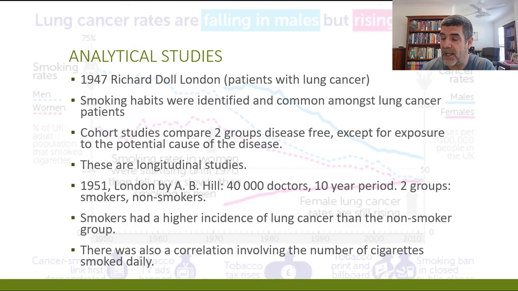Probably this all started realistically in about 1947, where Dr. Richard Doll in London was noticing an unusual increase in the number of patients that he was seeing with lung cancers. And it made him start to think about what sort of things those patients had in common with one another. And of course, that's where a lot of these studies begin.